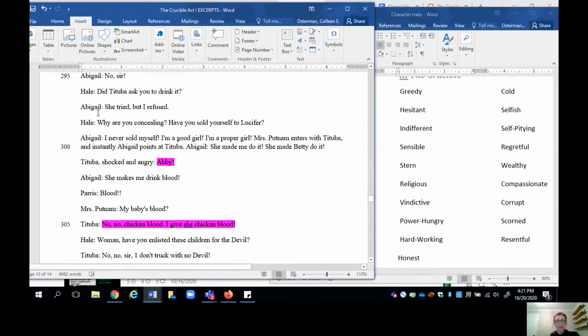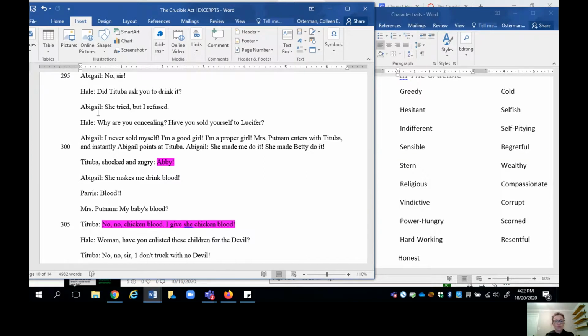Mrs. Putnam enters with Tituba, and instantly Abigail points at Tituba. Abigail says, "She made me do it. She made Betty do it." Tituba, shocked and angry, says, "Abby, she makes me drink blood." Harris: "Blood?" Mrs. Putnam: "My baby's blood?" Tituba: "No, chicken blood. I give she chicken blood."